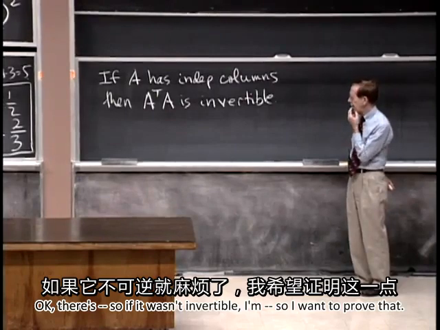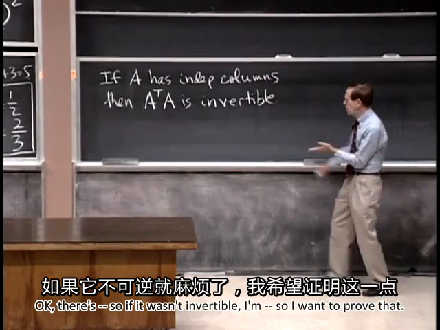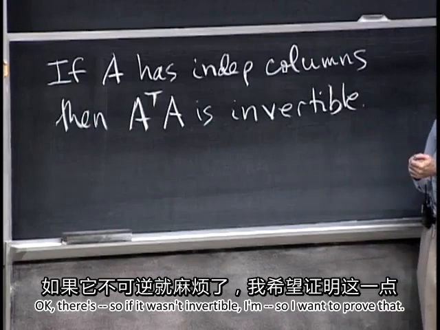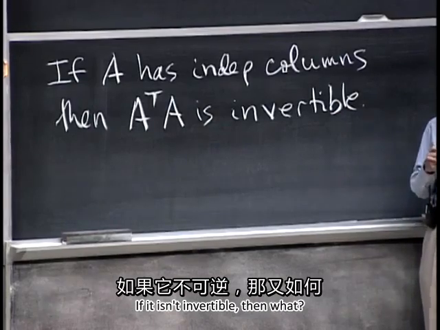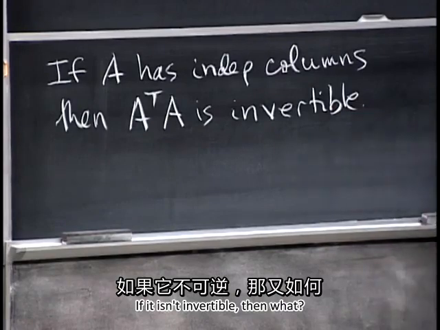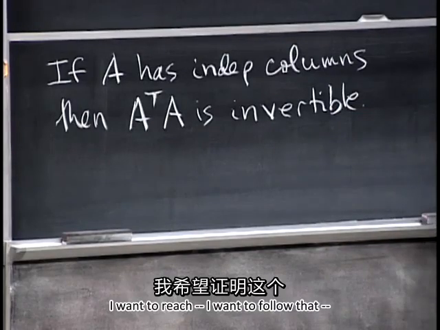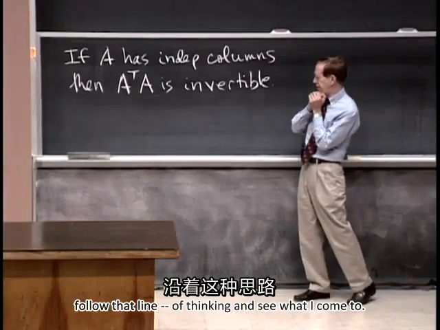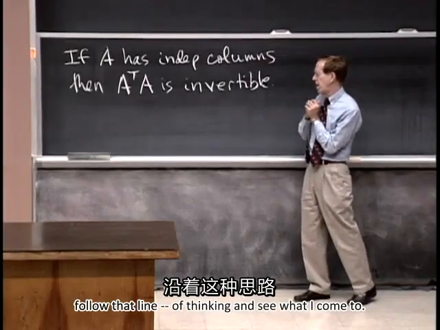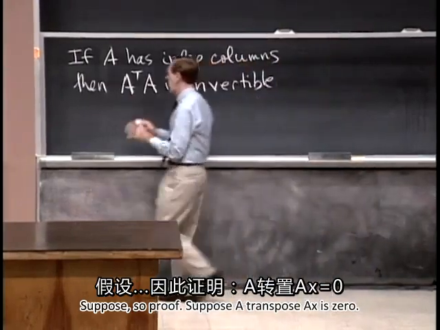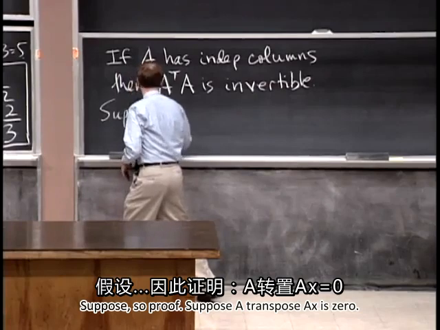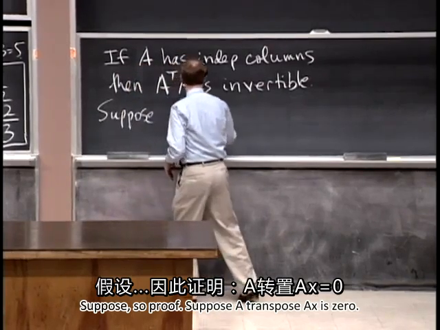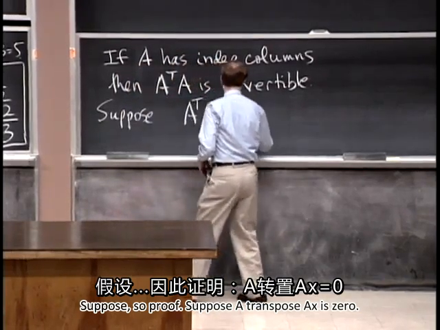Okay, I guess I'm wondering, so if it wasn't invertible, so I want to prove that. If it isn't invertible, then what? I want to follow that line of thinking and see what I come to. So proof. Suppose A transpose A x is 0.